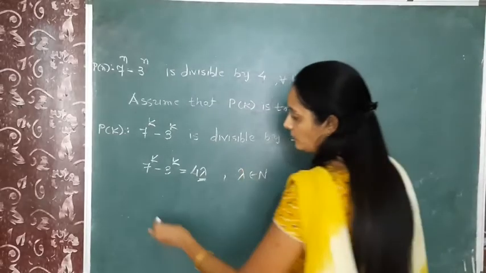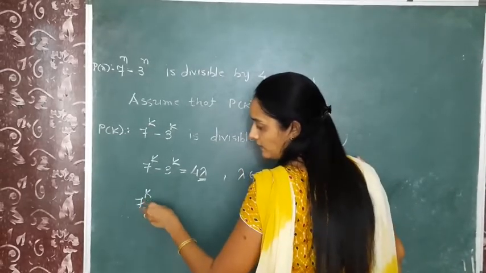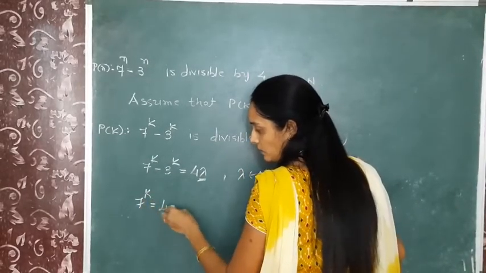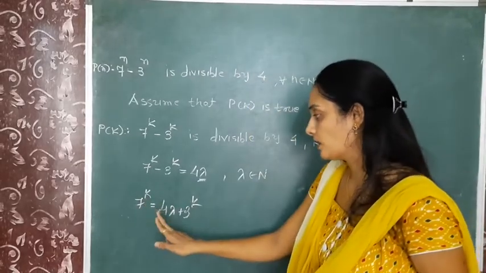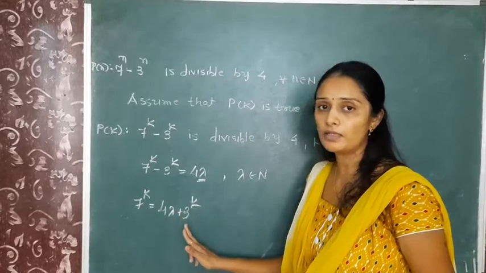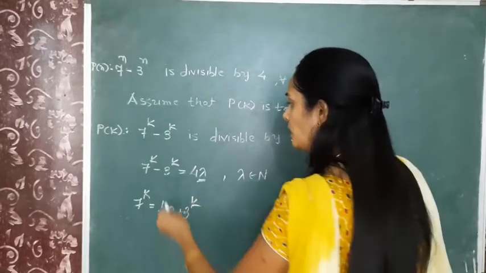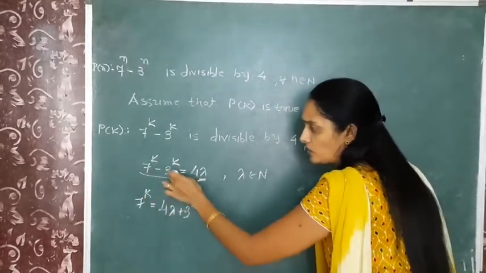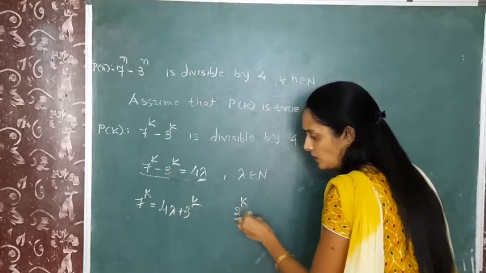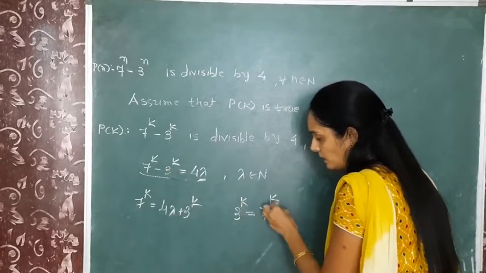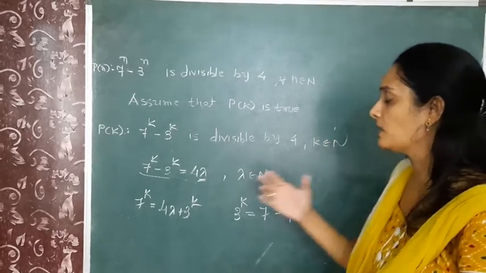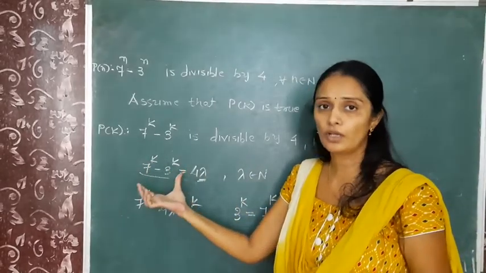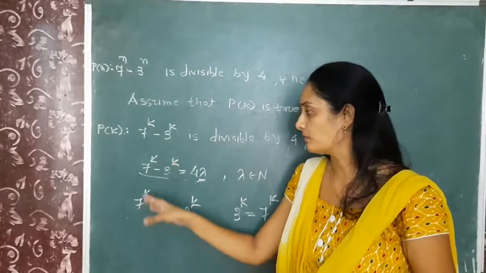From this we can make 7 raised to k the subject. So the value of 7 raised to k is 4 lambda plus 3 raised to k. Not necessary, from this you can also make 3 raised to k the subject. So we have 7 raised to k minus 4 lambda. That means in 2-3 steps you can make any term the subject.